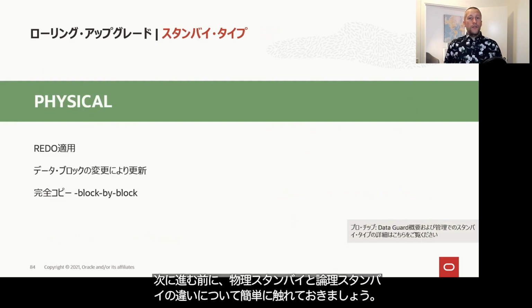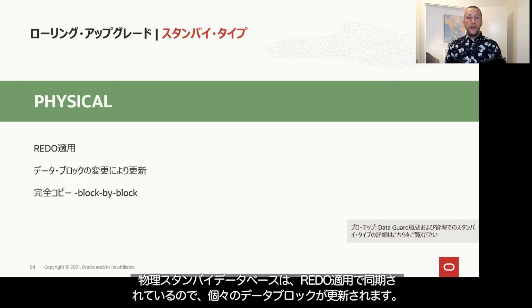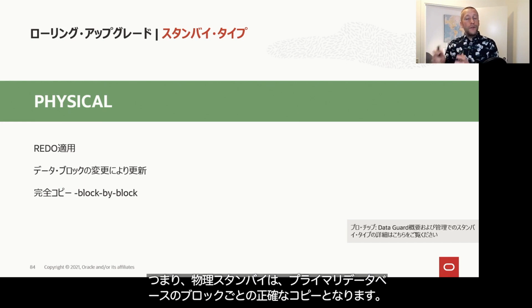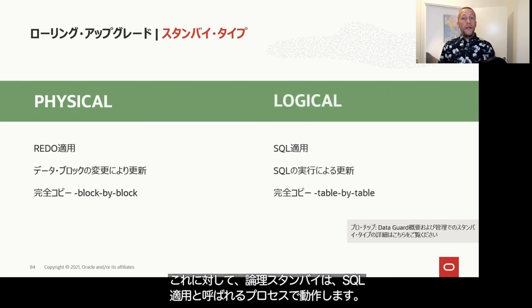Before we move on, let's just briefly touch upon the differences between a physical and a logical standby. A physical standby database is synchronized with redo apply, which means that the individual data blocks are updated. So a physical standby is an exact copy, block by block, of the primary database. In contrast to that, we have the logical standby, and it works with a process called SQL apply.